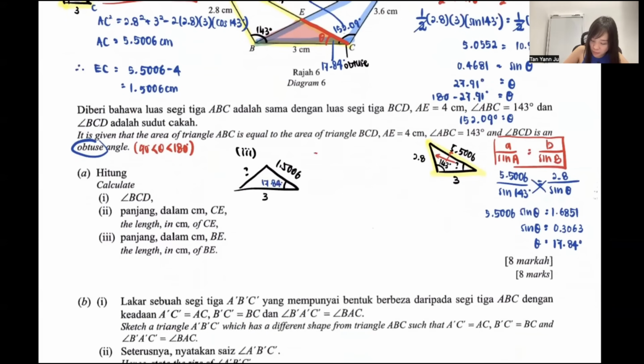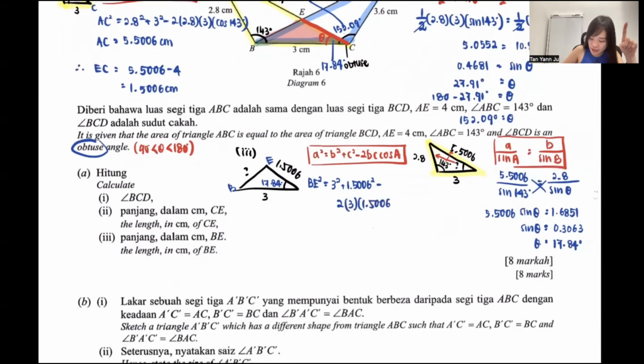With this 17.84, I can now use my cosine rule to find how big the mouth opens. Substitute inside. The question mark I want to find is BE, so I want BE squared. BC is the crocodile mouth: one side 3, another side 1.5006 squared, minus 2 times 3 times 1.5006 times the middle angle, cos 17.84 degrees.